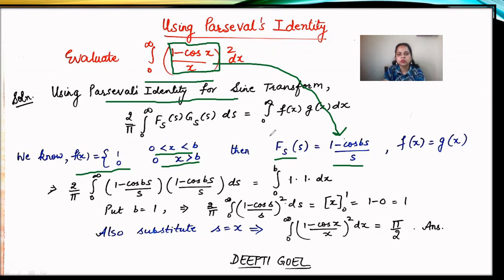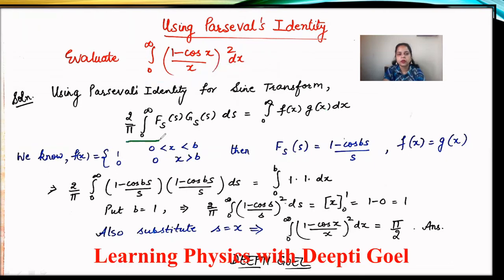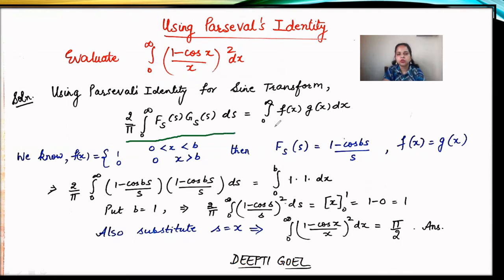Since this is a Fourier sine transform function, we shall apply the Parseval's identity for the sine transform. The Parseval's identity for the sine transform was 2 by pi integral 0 to infinity of the Fourier sine transform of f of x into the Fourier sine transform of g of x ds, equal to integral 0 to infinity of f x into g x dx.